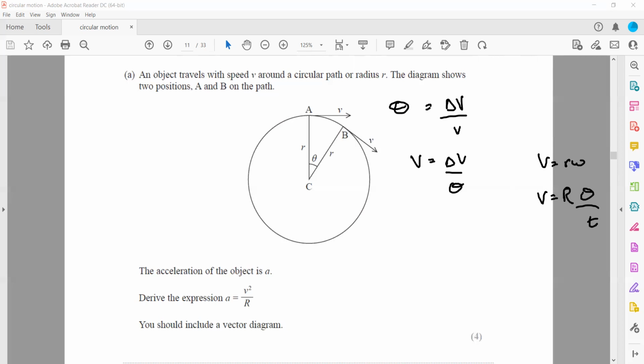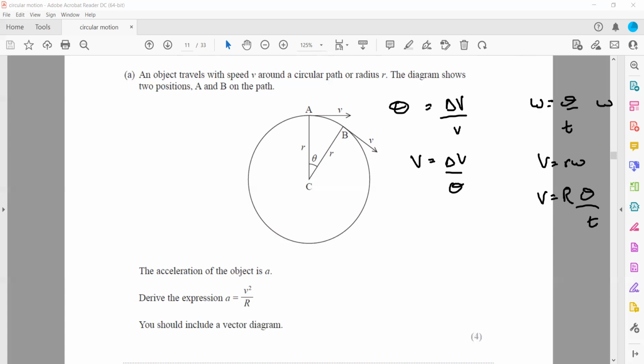The value of theta is equal to delta V over V, because what we need is the value of theta. So theta is equal to delta V over V, or theta is also equal to omega into t, as omega is equal to theta divided by t.